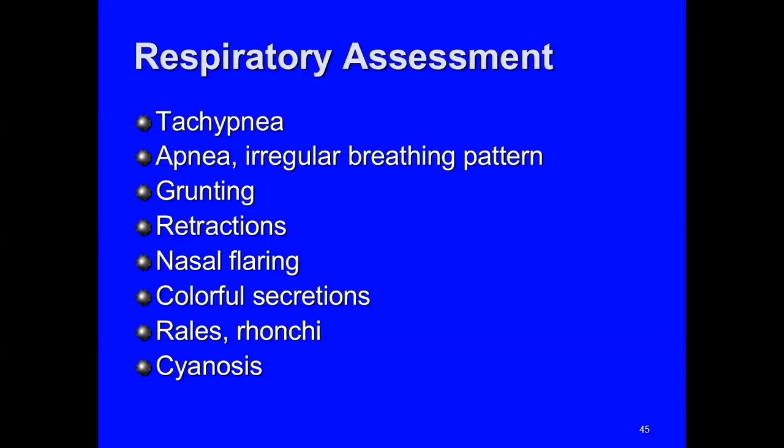That's also contributing, and also grunting and retractions, and also nasal flaring. So these are some things we can assess.